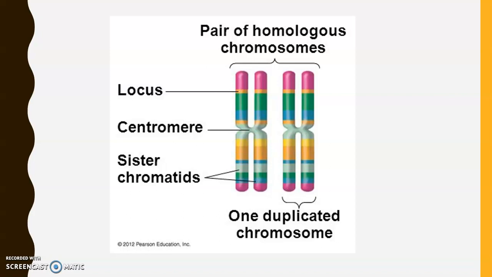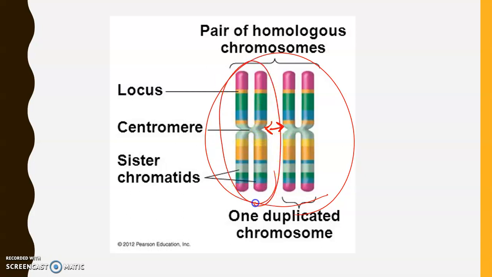Now, where we differ in meiosis is that instead of lining up stacked, in metaphase 1 of meiosis they're going to line up like this. They are going to line up side by side, right? And so what ends up happening in meiosis 1 is you're going to end up with this guy being in one cell and this guy being in the other.